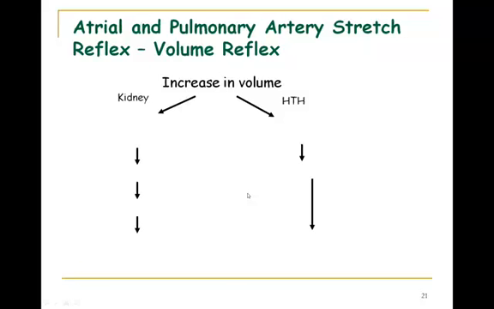Now, the other type of reflex that we have is called an atrial and pulmonary artery stretch reflex. In your notes, you have in bold that these are low pressure receptors that respond to stretch. Now, I need to explain what I mean when I call them low pressure receptors. They are receptors located in the atria and in the pulmonary artery, which happen to be areas of low pressure.